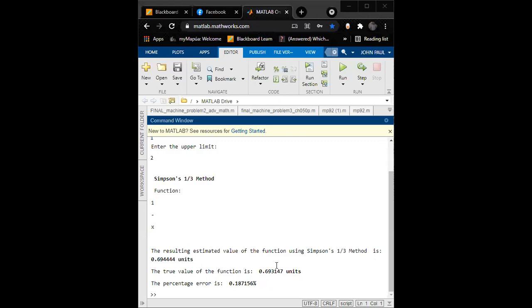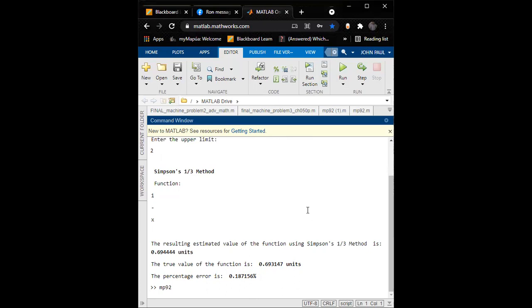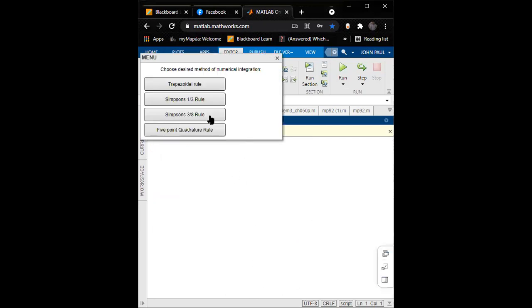The true value of the function is 0.693147 units. Thus, the percentage error is 0.187156%.